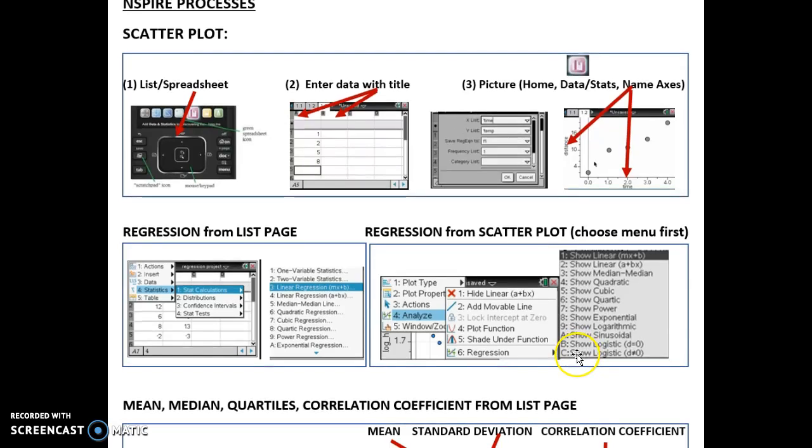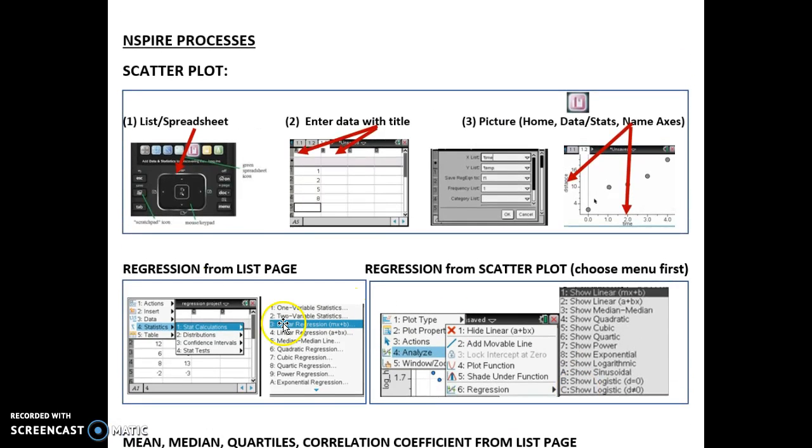Now, the Inspire processes, there's a lot of them. Please remember, if you want to have a scatter plot on your graphing calculator, you take your Lists & Spreadsheets. Your Lists & Spreadsheets icon is right there, the fourth one as you're moving right. You do your Lists & Spreadsheets and you will get your columns.